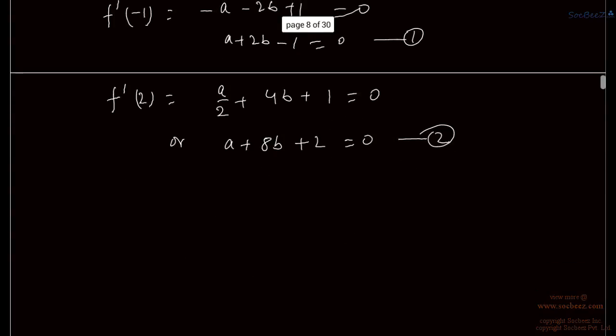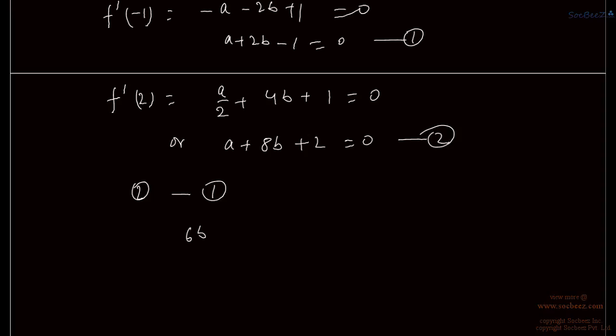So now we have equation 1 and equation 2. Solving these two equations, we are going to subtract equation 1 from equation 2 to eliminate a. Equation 2 minus equation 1, 8b minus 2b is 6b, and 2 minus of minus 1, 2 plus 1, 3 is equal to 0.